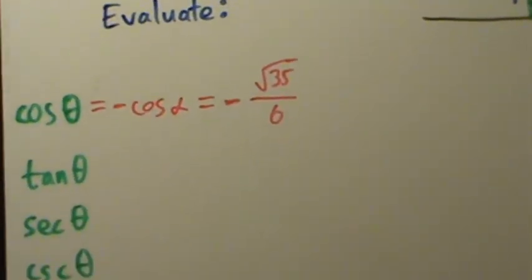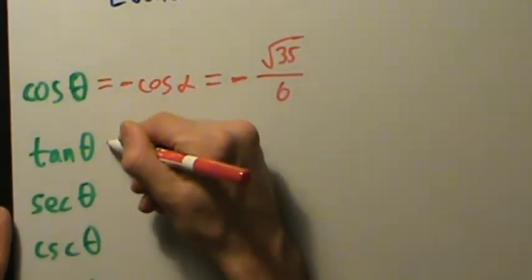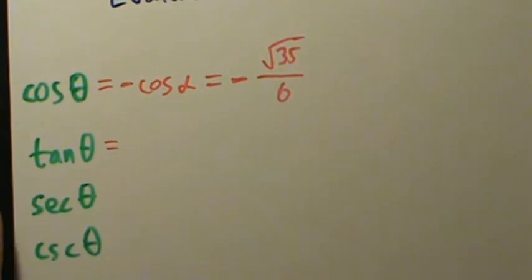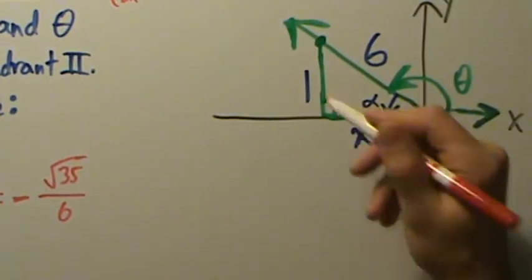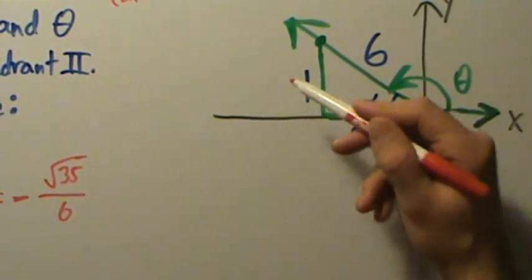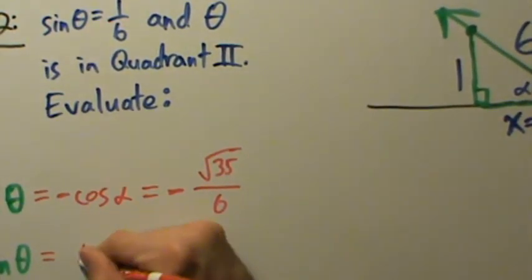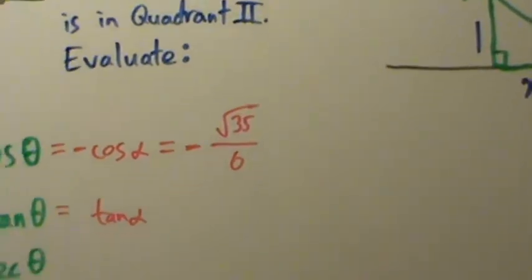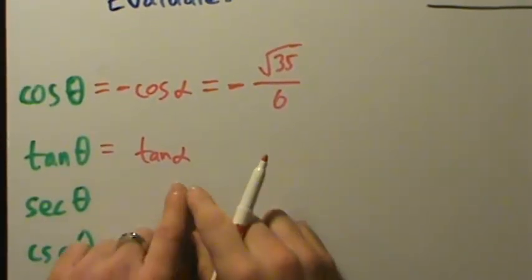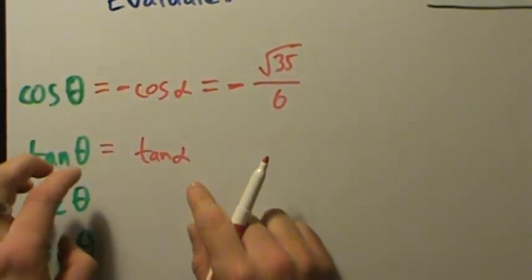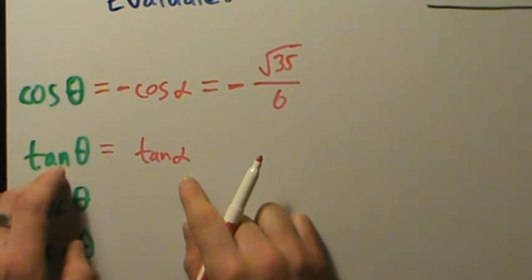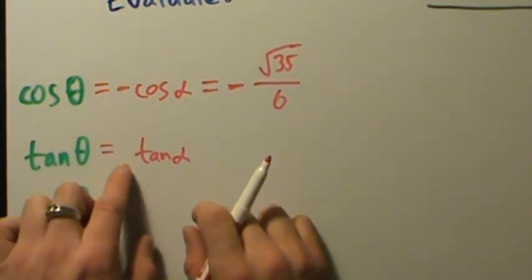Okay, so the rest of these work pretty much the same way. Tangent of theta, what's the tangent of theta? It's opposite over adjacent, 1 over root 35. Actually, before that, remember tangent of theta is the same thing as tangent of alpha, because alpha is the reference angle for theta. So tangent of theta and tangent of alpha are the same, except this one might have a minus sign in front of it.